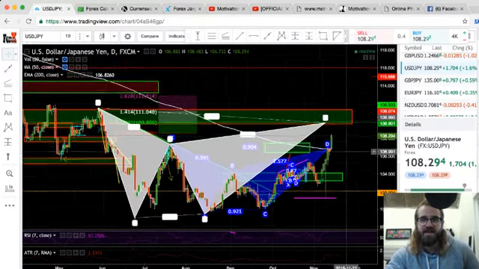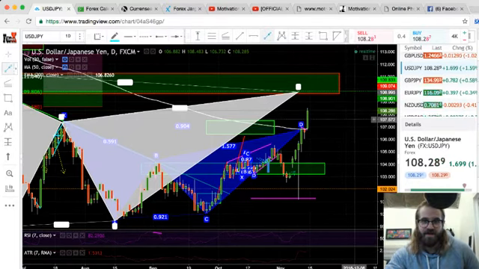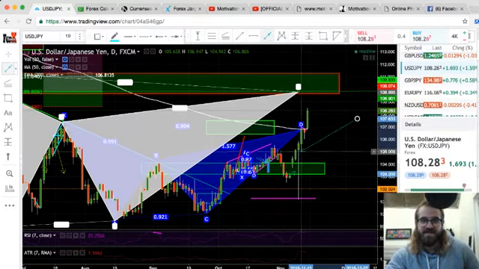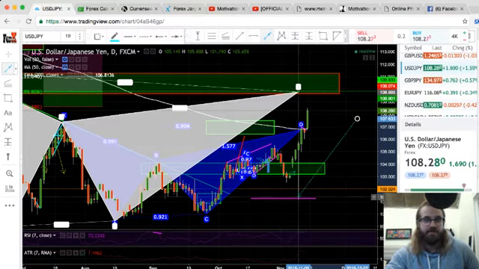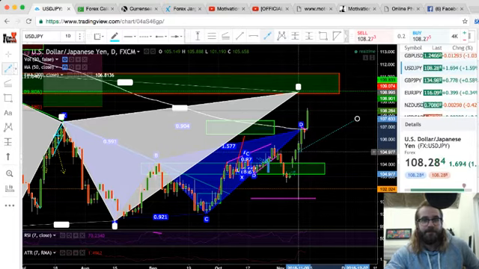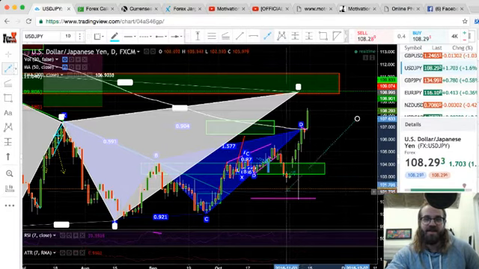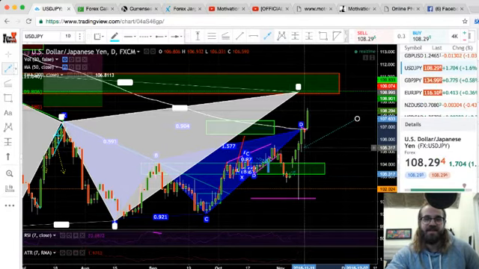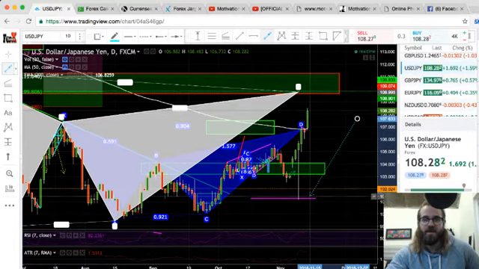Another interesting thing on the dollar yen is this wick right here, this insane rejection. It's just pretty interesting. There's someone or something inside of here that is protecting this area right here between, what's it, 105 and 101 level.